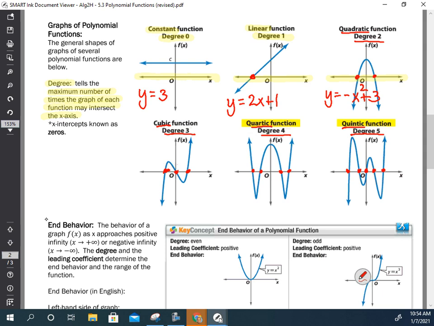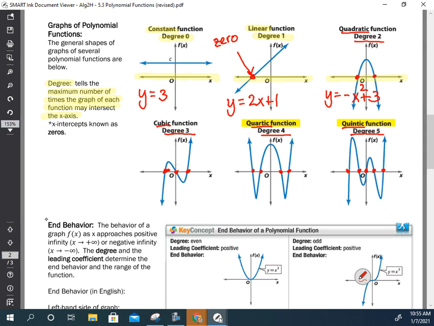So every time it touches the x-axis, it is an x-intercept, but we have another name for it. It is called a 0. Why is it called a 0?